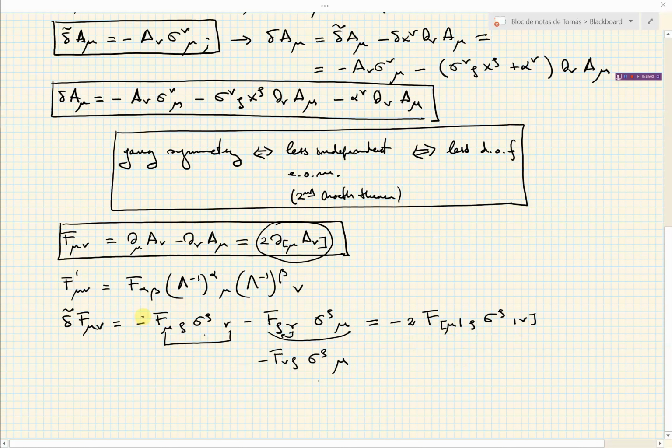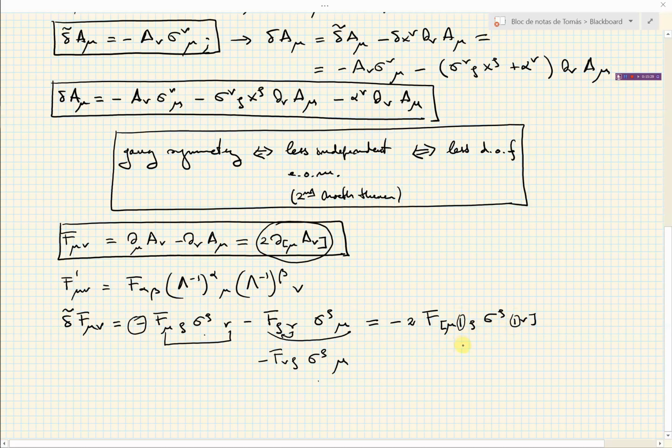There is a minus sign at the beginning. There is a factor 2 because the symmetrization or antisymmetrization comes with a factor 1/2, and here there is no 1/2, so there must be a factor of 2, and the rho is not affected by this antisymmetrization. So these bars here mean that nothing in between is antisymmetrized.